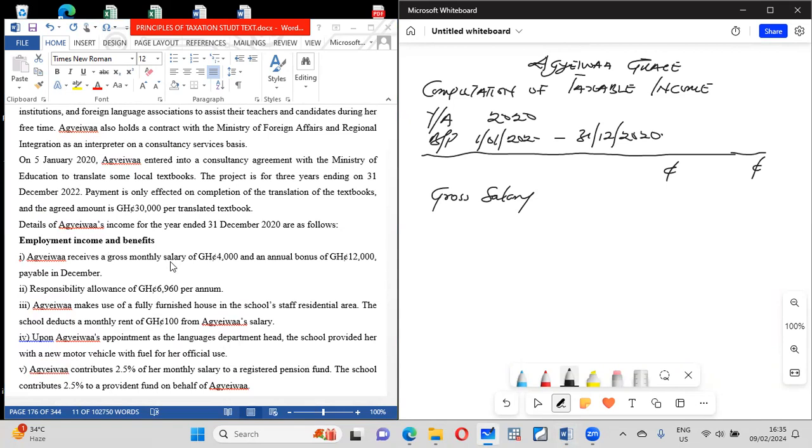It is 4,000 per month, so 12 months. Don't forget that you are always doing this for the year, unless the question limits you to certain months. If you multiply, that gives me 48,000.